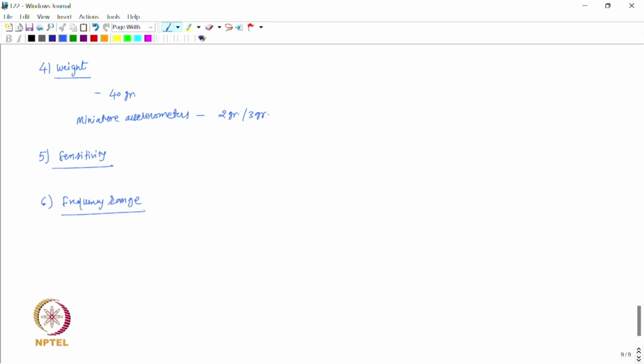Okay. So, let us look at the frequency response of a typical accelerometer. So, let us plot the output of the accelerometer divided by the input in terms of dB, right. So, this curve is something like this.